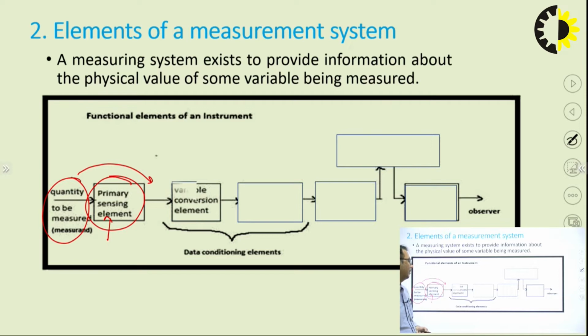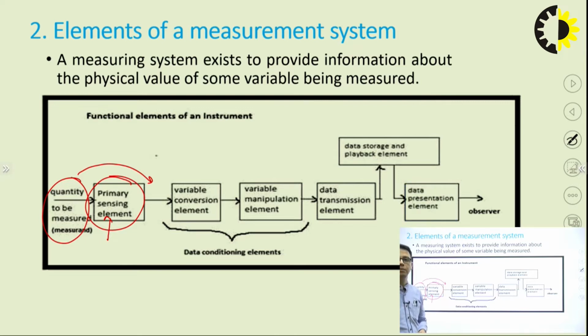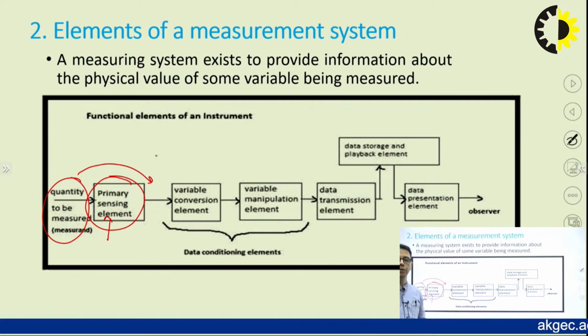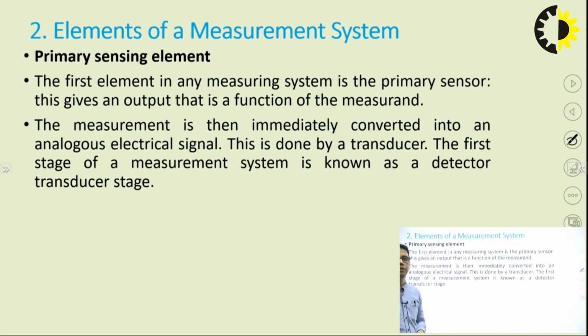Second is the variable conversion element, which is followed by the variable manipulation element, then data transmission, then a sort of storage or backup, and last is the data presentation element, where data is displayed for human beings to observe. One by one, let us talk about all these elements.